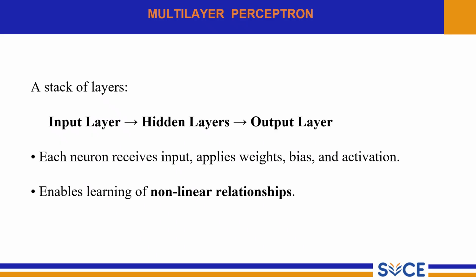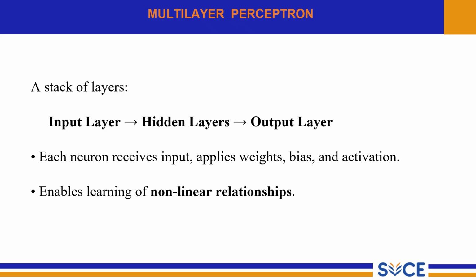Each neuron in the hidden layer receives input, applies a set of weights, adds a bias and passes the result through an activation function. This process allows the network to learn non-linear relationships, patterns that simple linear models would miss.